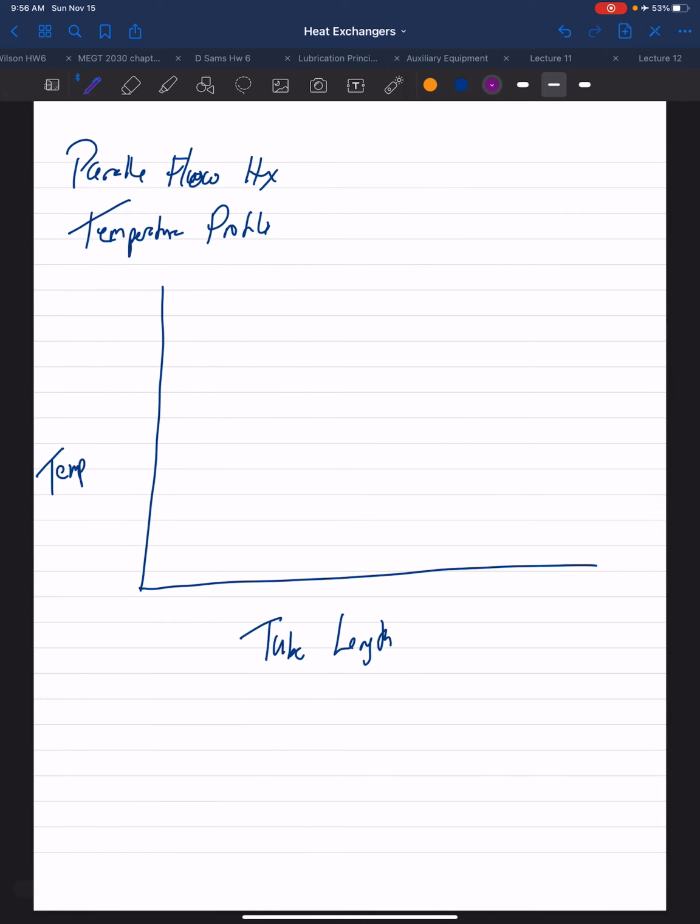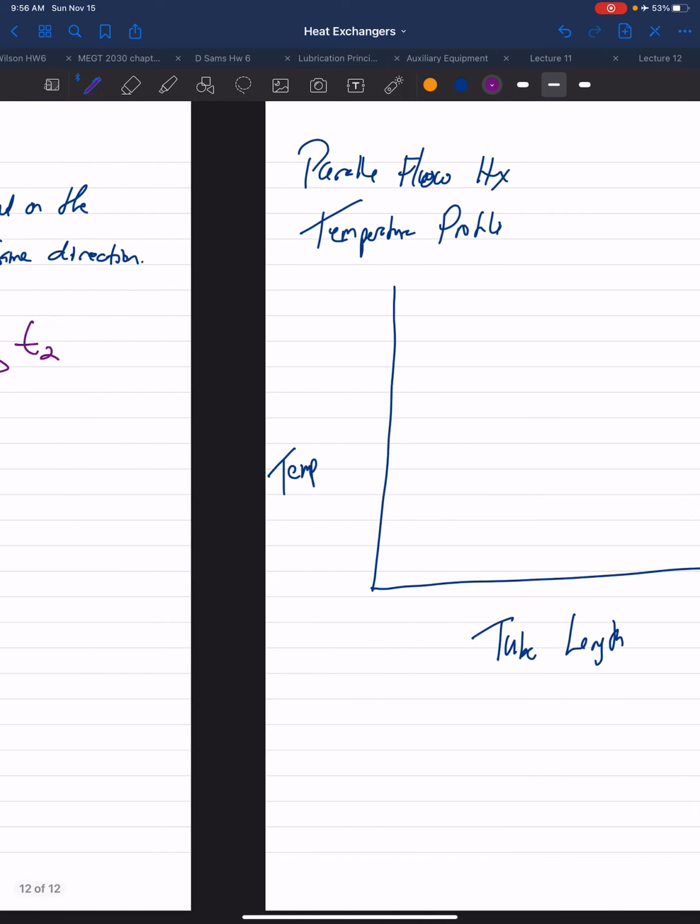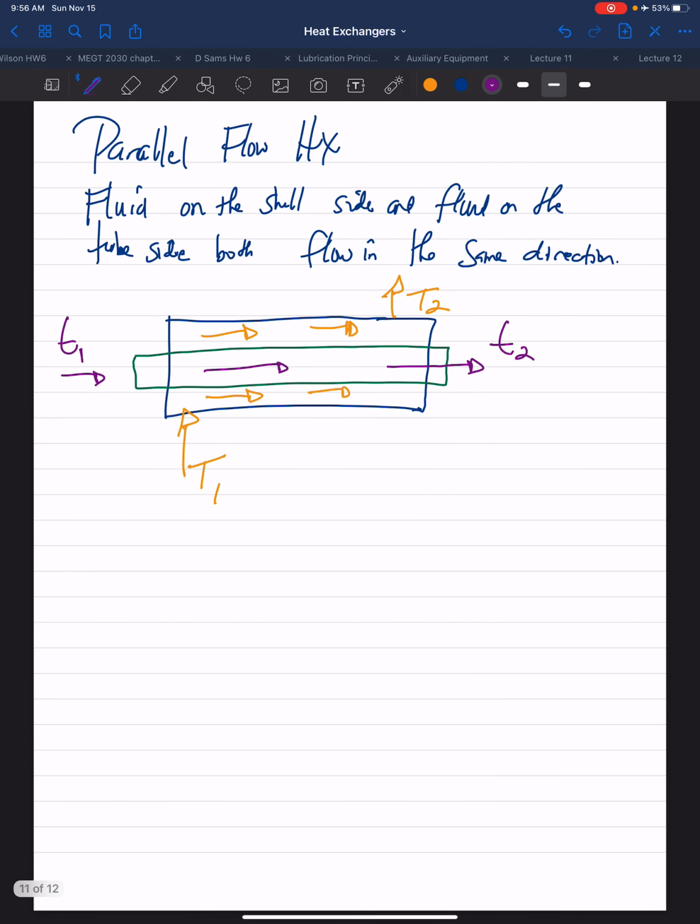So for the tube side fluid, we'll say this is the cooler fluid, and the shell side is the hotter fluid. So remember, heat flows from the hotter fluid to the cooler fluid. That's the direction of heat flow. And for that to happen, there has to be a temperature difference between the two fluids.